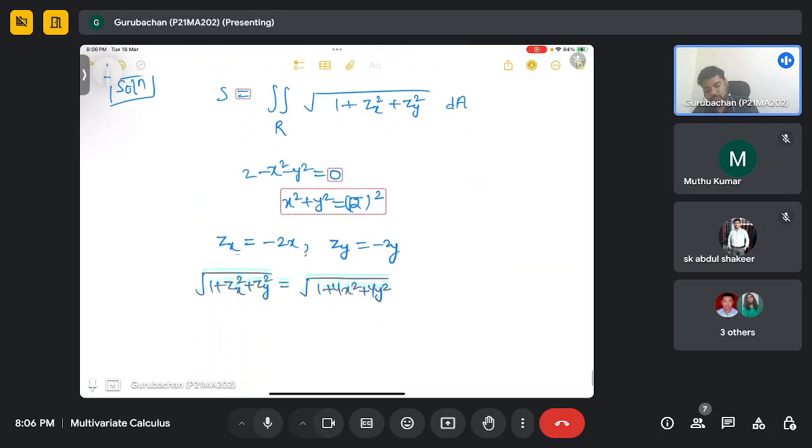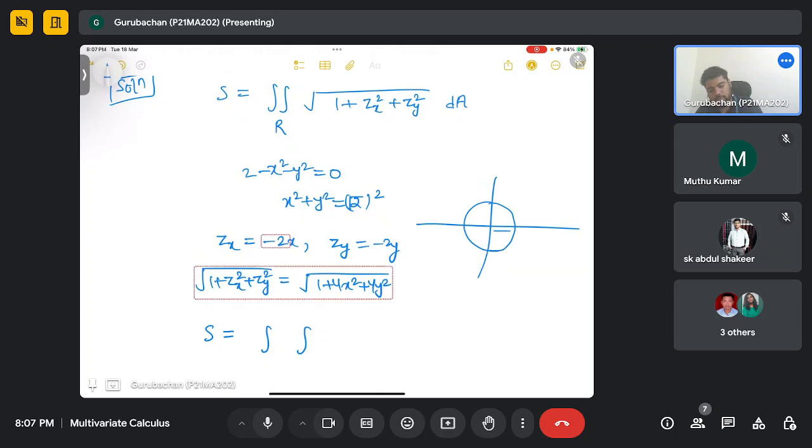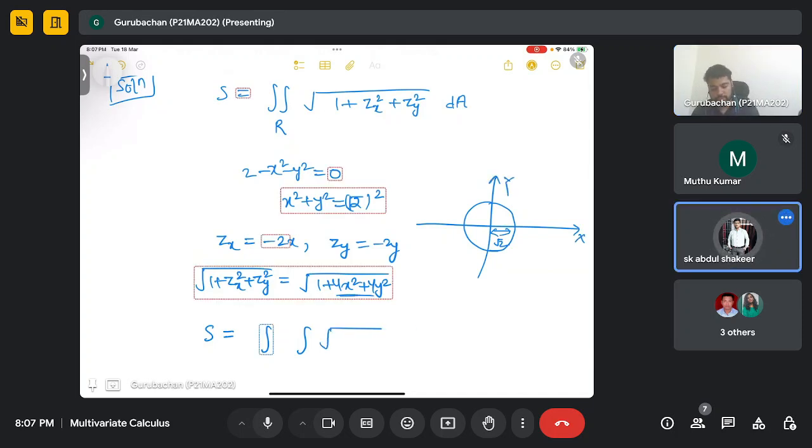Now, what is the easiest way to calculate this double integral? Via Cartesian or via polar? It might be the circle area. See here, it is 4x square plus 4y square, so we cannot directly calculate the circle area.